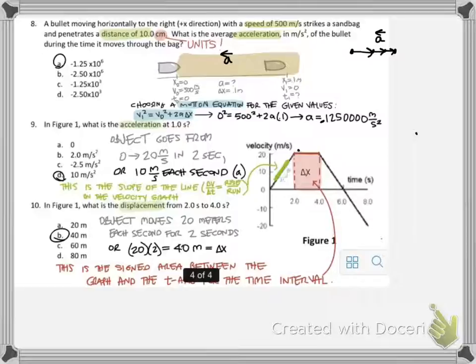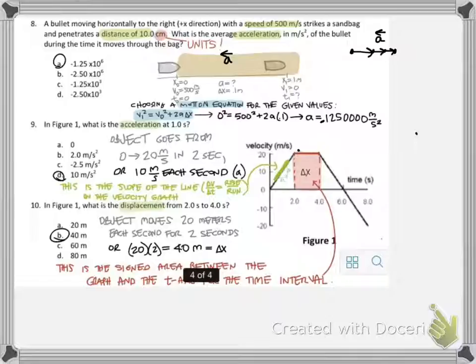The displacement from 2 to 4 seconds: the area under the curve for a velocity-time graph is displacement. You can use the same kind of logic that we did on the acceleration-time graph, the area under the curve. So that would just be the area of that rectangle.